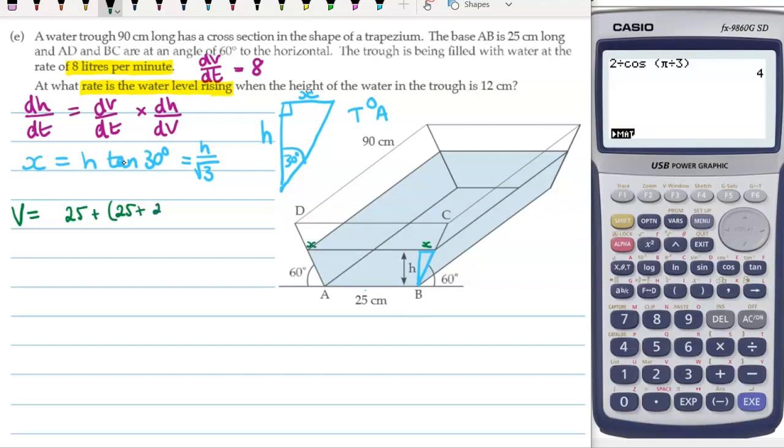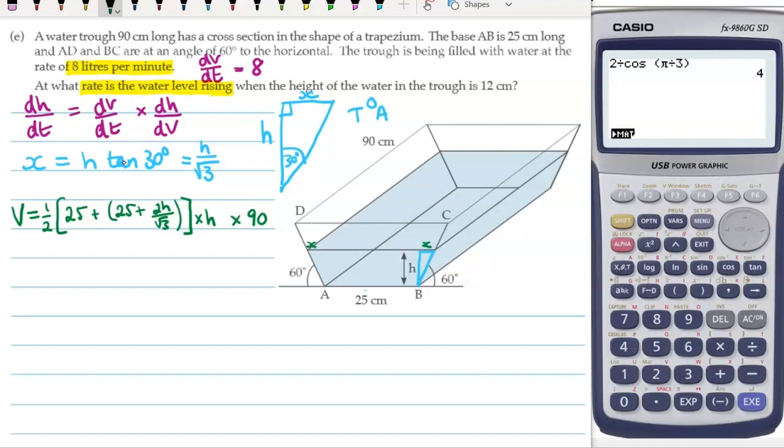So we'll have 2h over root 3, like this. Once we have added together the two sides, we divide it by 2. We times by the height to get the area of the trapezium, and then we multiply through by the length of the trough to get the volume.